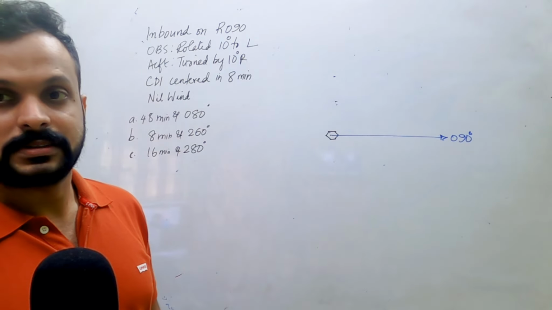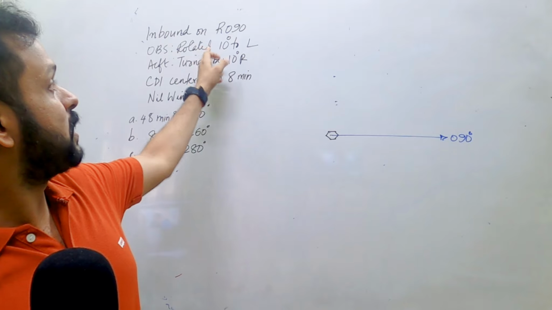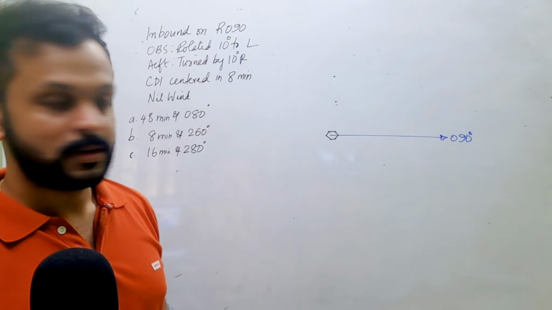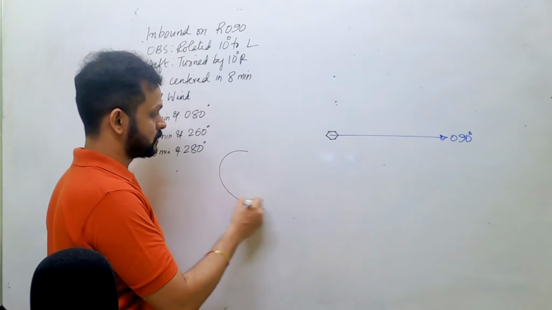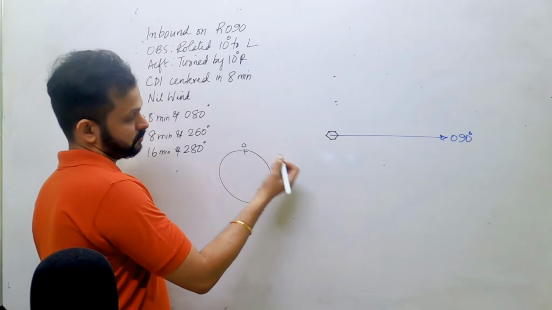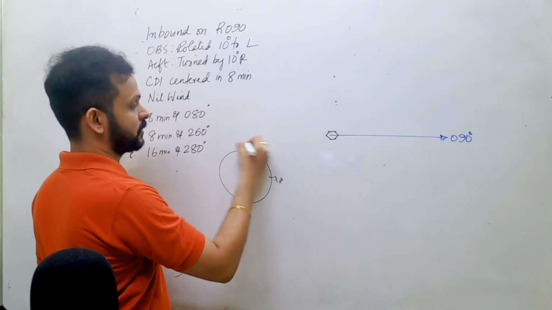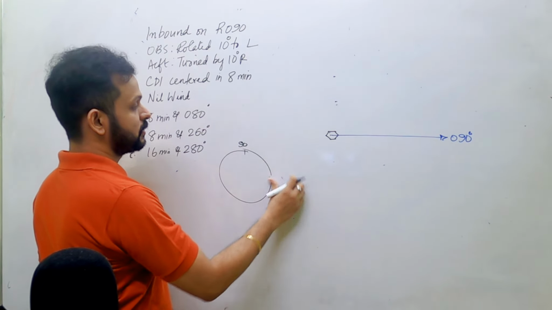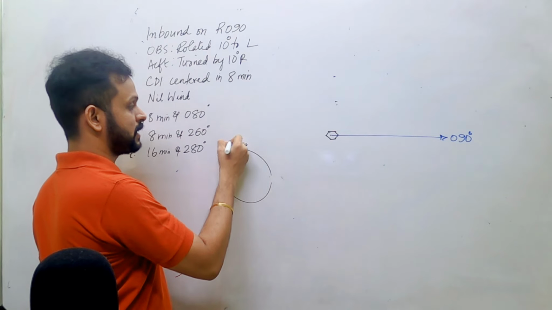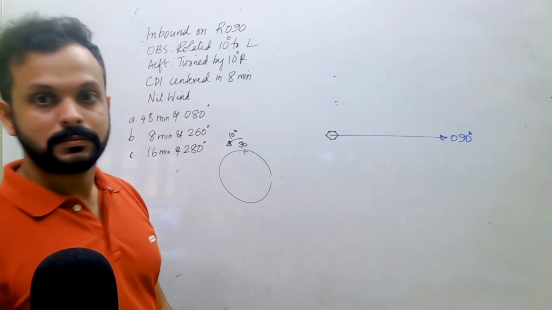Now what does the pilot do? He rotates OBS by 10 degrees to left. So if you look at the OBS dial, or the general CDI dial, if I start from, say for example, 0 and this is 90, it is OBS 90, right? Initially it is OBS 90. Now when I turn the OBS by 10 degrees to left, what will be the new OBS?